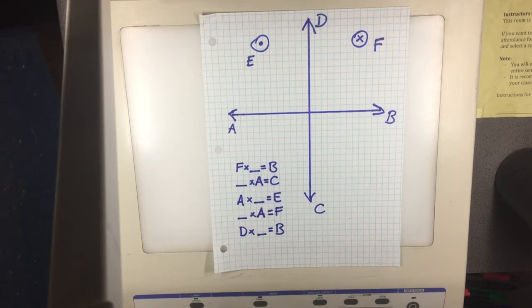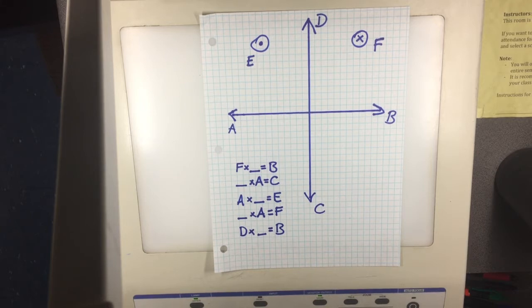Now, according to the observation made by students earlier, all three axes must be used in this problem. B is left-right. F is in-out.